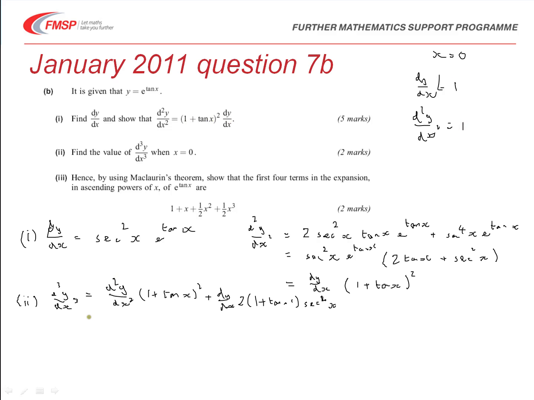And so if you substitute all of those into here, we've got 1 squared plus 1 times 2 times 1 again, and sec squared is also 1. So that gives you a total of 3.